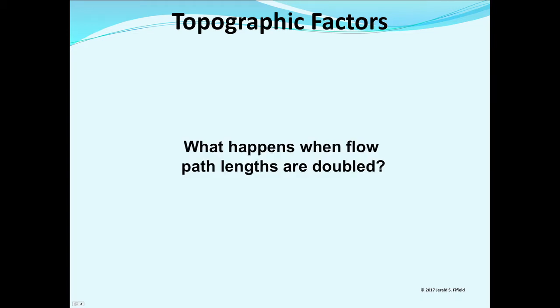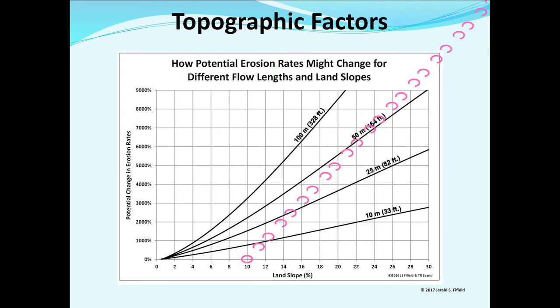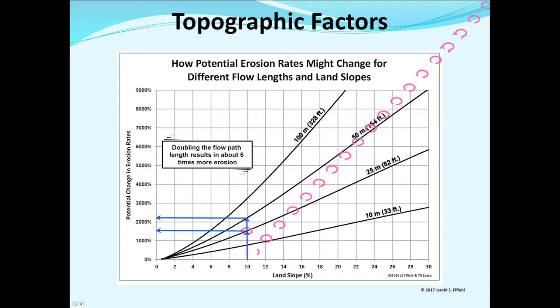Now, what happens if the flow path is doubled? Now, we go from 25 meters or 32 feet, in that case, going all the way up to 50, 6 times. Slope is your killer. You like flat lands, that's fine.